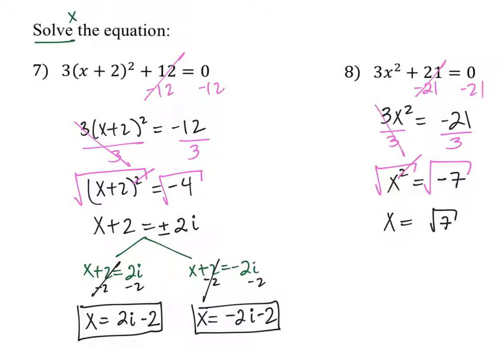But because it's a negative sign, I'm going to need an imaginary number next to this root. So I'm not going to have a negative number anymore inside the root because I'm putting this i next to it, so that's saying that it's a negative inside the root. And then because it's a square root, I need a plus and a minus because any square root has a positive sign and a negative sign.